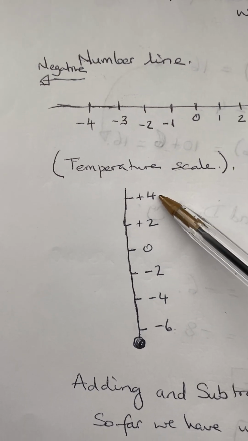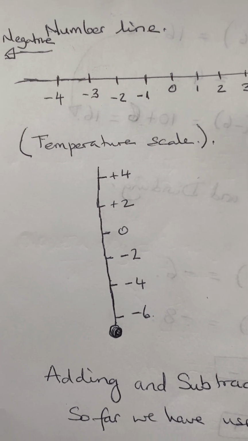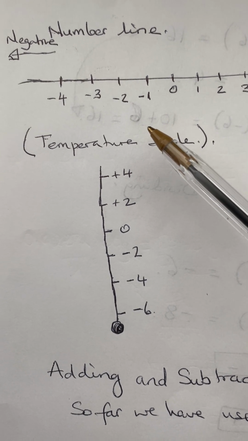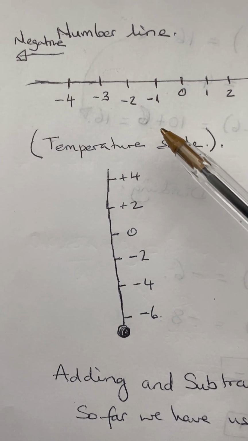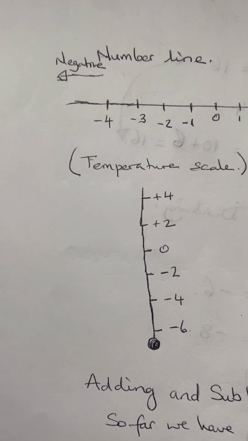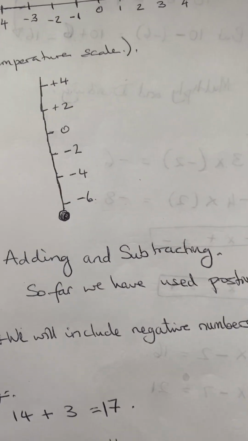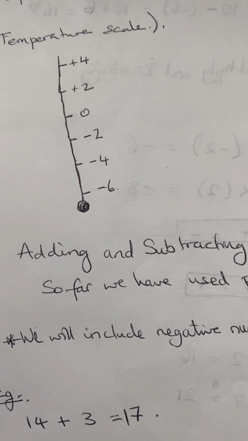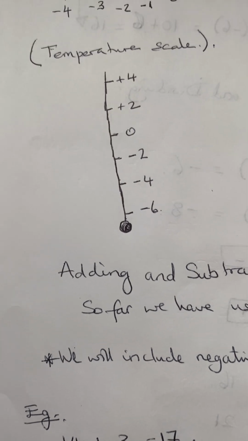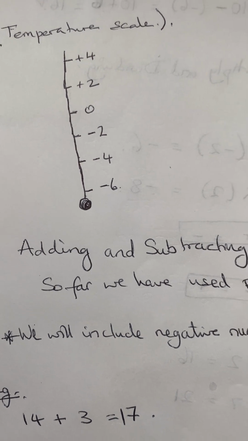And then you can have the temperature very high, maybe in Africa or in the desert, at times very, very hot, like 30 degrees Celsius and more. So I'm just trying to make you understand why in normal life at times we need to include negative numbers in our study of maths.